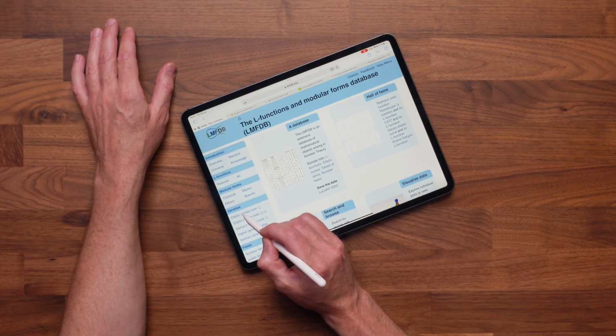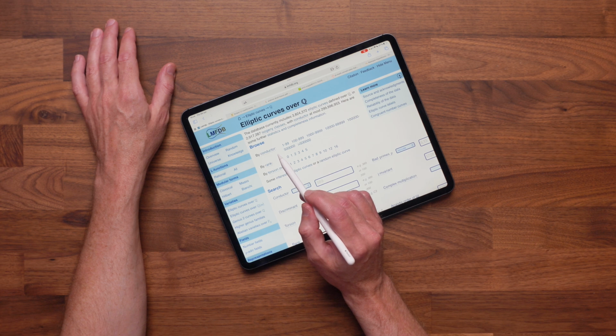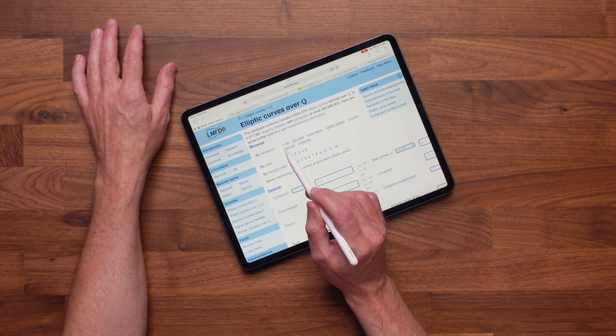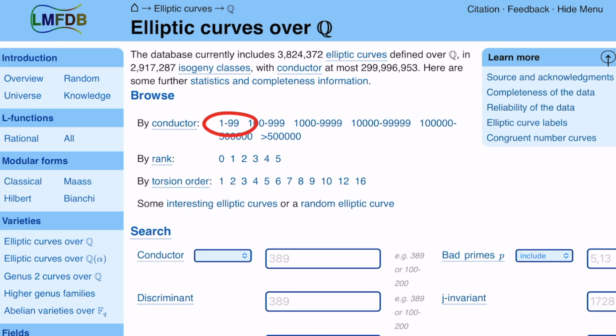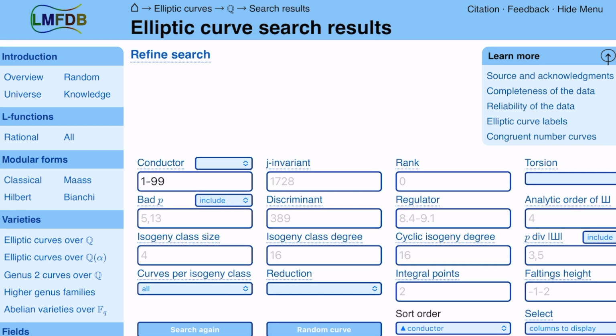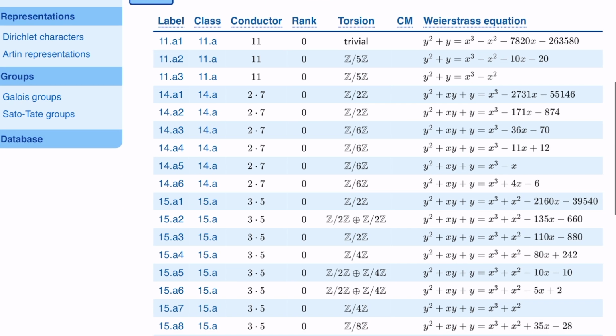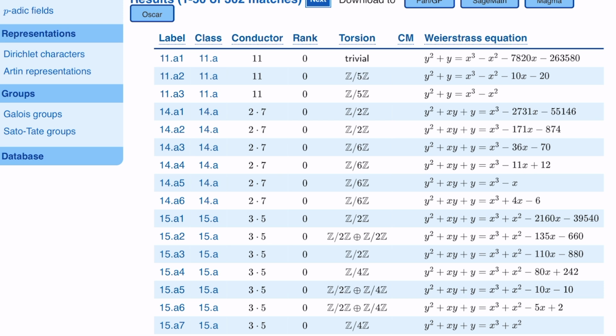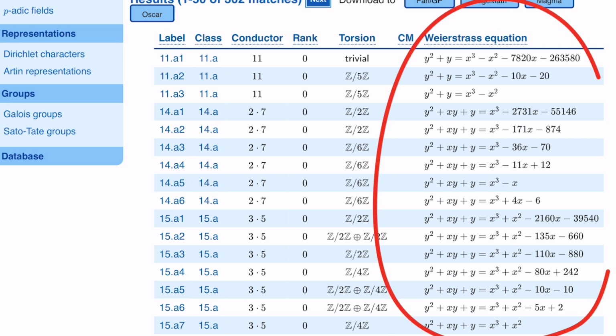Let's go to the LMFDB, go to elliptic curves over Q, and then browse the elliptic curves by conductor. Let's say from 1 to 99. Here, if I scroll down, we see a list of elliptic curves with equations on the right.